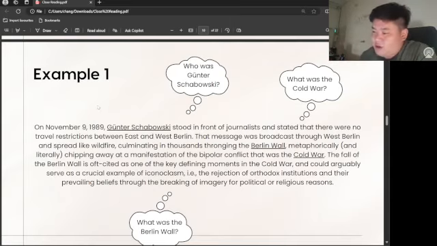So when this occurred, the Berlin Wall fell, right? And that essentially kickstarted the events that would lead to the eventual reunification of Germany as a country, all right? So the point here is that if you don't know all these things, then you wouldn't have a clue as to what I'm talking about, right?